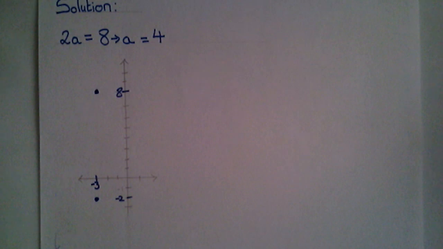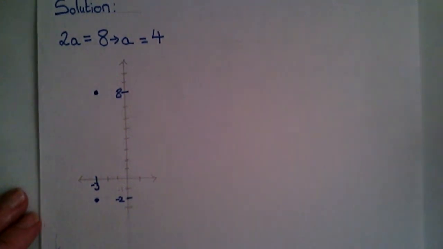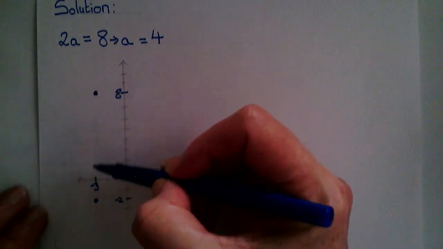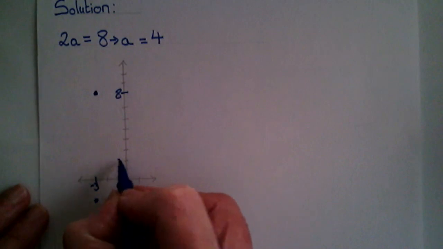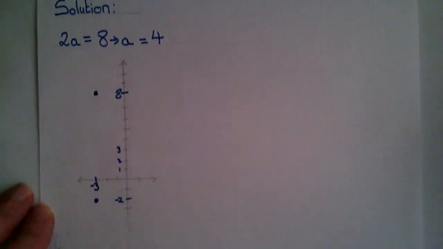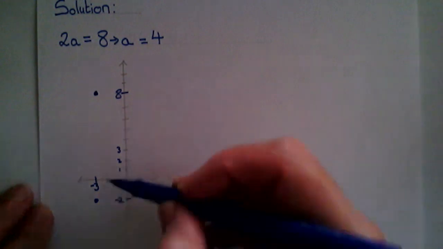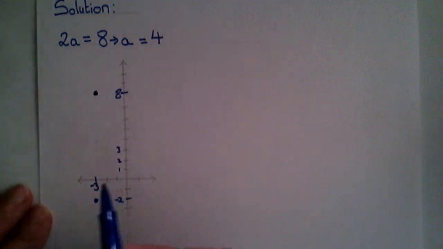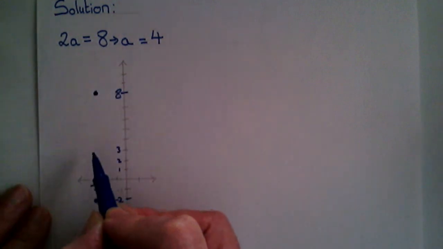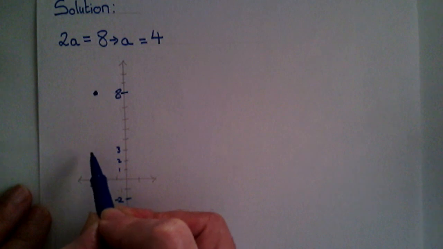Okay, so we've got a lot of information already. Now we've got to find the center. And the center is going to be the distance from here to here. If I look to see where that is, the distance from here to here is 10 spaces. So 5 is going to be -3, 3.